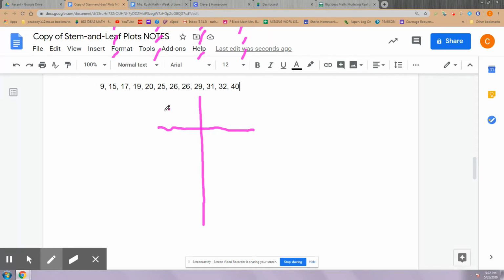You're going to have the stems, remember, go to the left of the line. So I'm going to write the word stem here. And you're going to have the leaves go on the right. So I'll put the word leaf here. Okay, so the stems will be on the left, leaves on the right.